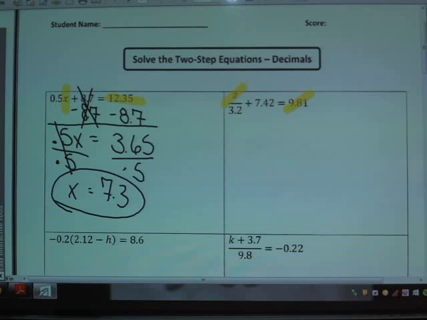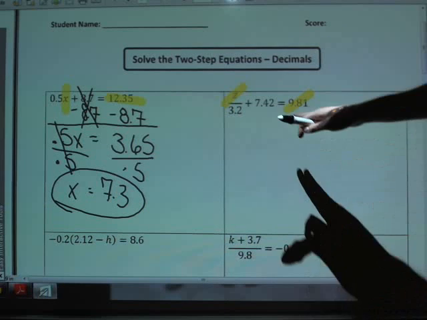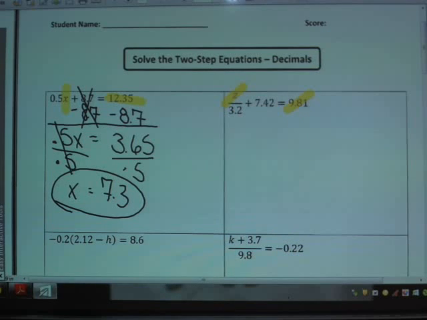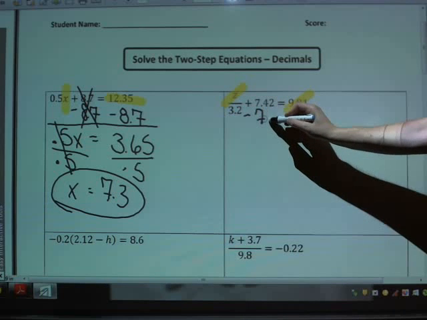Remember, the thing that's connected to the variable goes last, or gets moved last. So 3.2 is the last thing I'm going to touch, so that means 7.42 is the first thing that's going to move here. Since that's got a big old addition sign in front of it, when I'm talking about opposite side doing the opposite, that means I'm going to have to subtract here. So I'm going to subtract 7.42 all the way across.